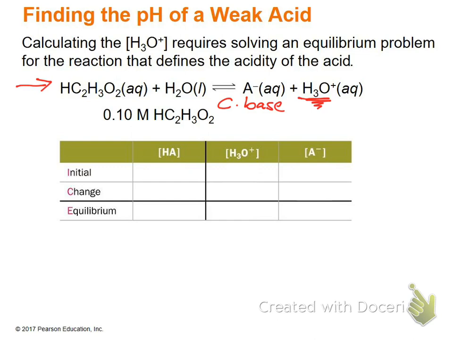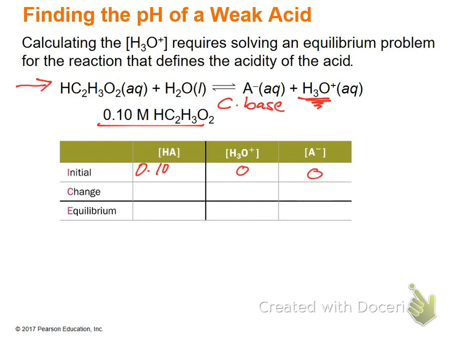So here's the ICE table, and we're going to populate it. We're given the initial concentration of the acid, so the initial concentration is 0.10. You've seen equilibrium problems in the previous chapter, Chapter 15. Initially, the concentration of the products will be 0.